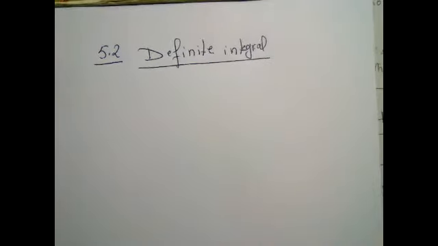Delta x is the length of each one of them, from here to here. So my delta x is (b minus a) over n. It's the length of those little intervals.